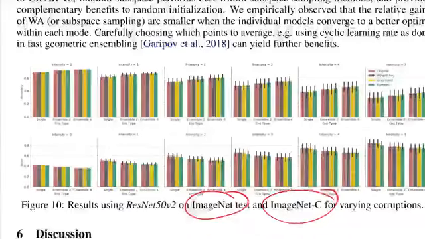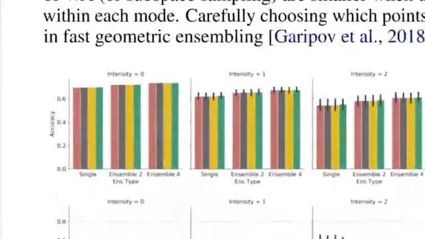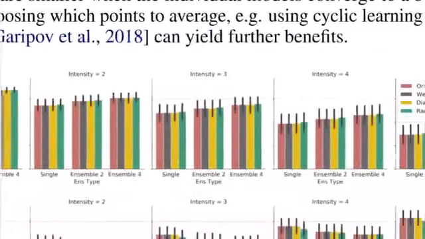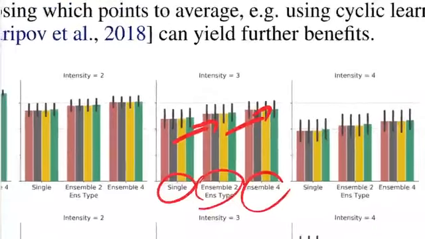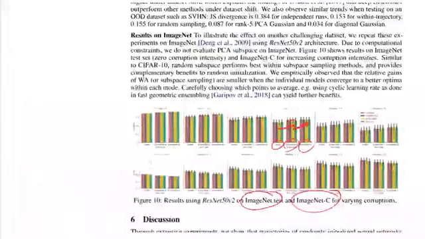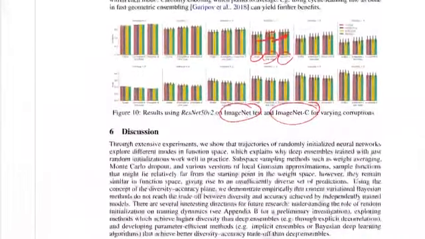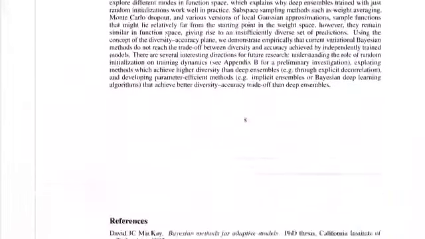It's not as pronounced here, but you can see pretty much how, if you go from single model to ensemble with 2 members to ensemble with 4 members, there is a general upwards trend, and the general upwards trend is much less pronounced within each ensemble. So if you just go from method to method, than it is between the different groups of ensembles, meaning that the ensemble is a much more pronounced effect than these other effects.